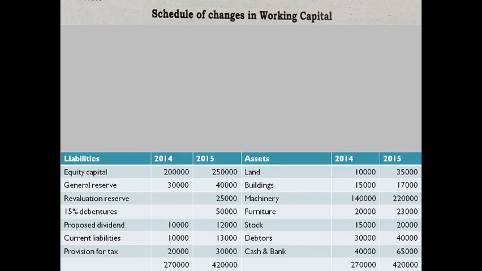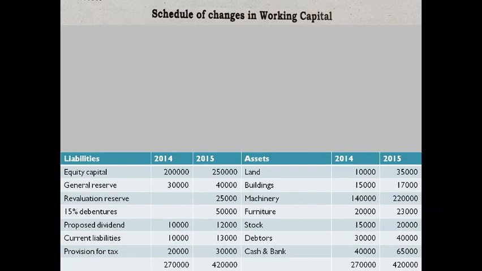Usually adjustments need not be considered; you just go through the balance sheet given. But remember, there is one type of adjustment that will affect the schedule. In this case there is no such information. We will discuss that in future sessions.